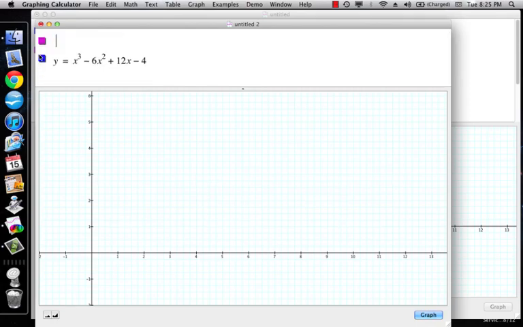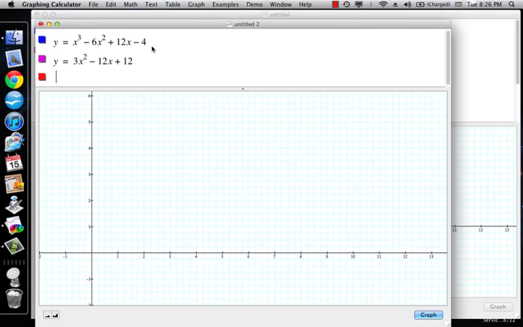And so the question is, where's the max and the min of this? I want to find where the max and the min are, so I just take my derivative. Y equals 3x squared minus 12x plus 12, and then I can factor a 3 out of that.